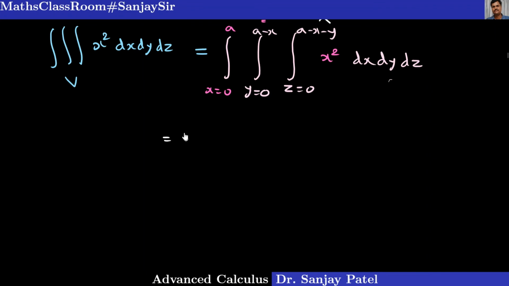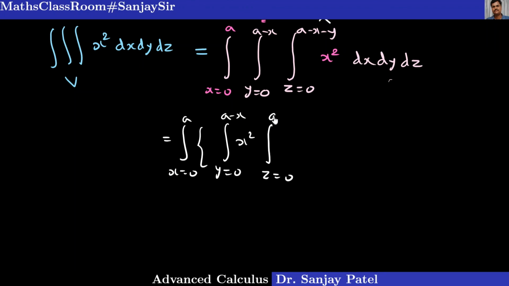So this is equal to integral x equal to 0 to a, and then y is equal to 0 to a minus x. x square is constant, I can keep it outside, and the integral of 1 is, well, let me write one more step. This integral z is equal to 0 to a minus x minus y, 1 dz, and then dy and then dx.